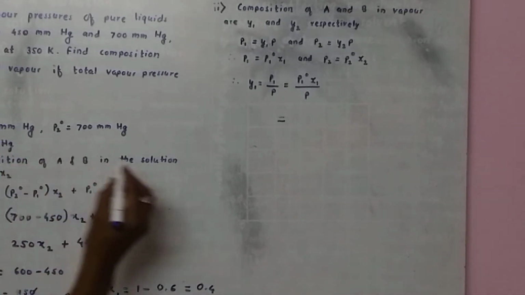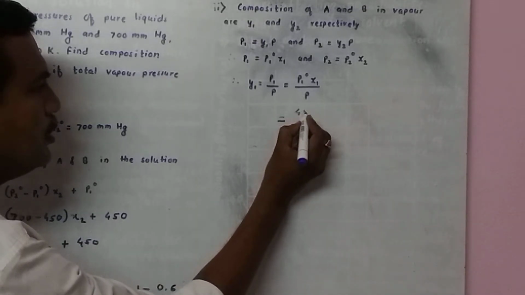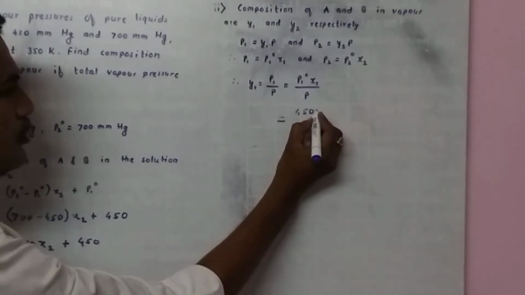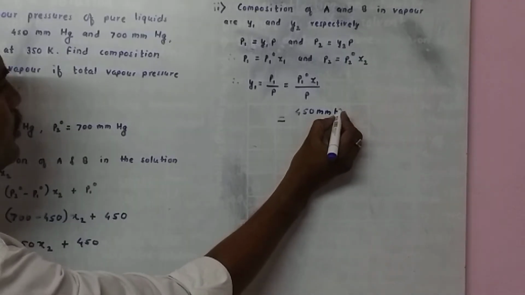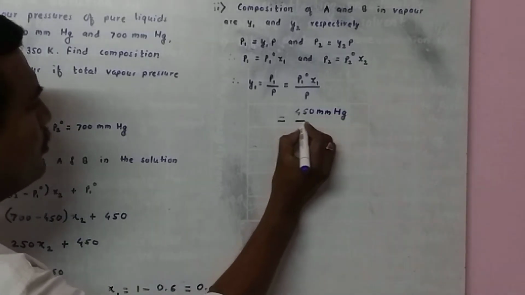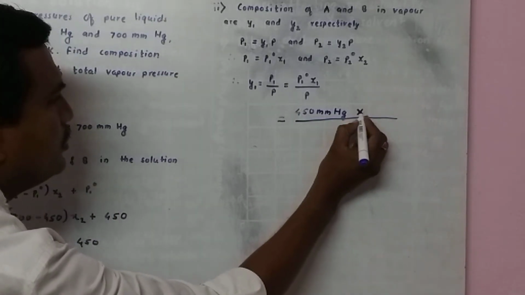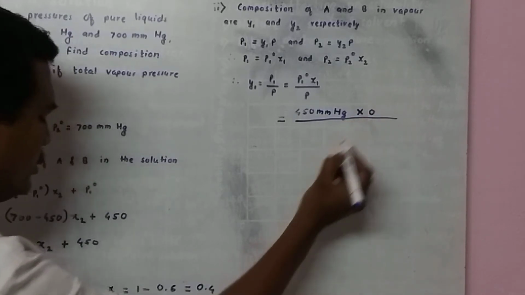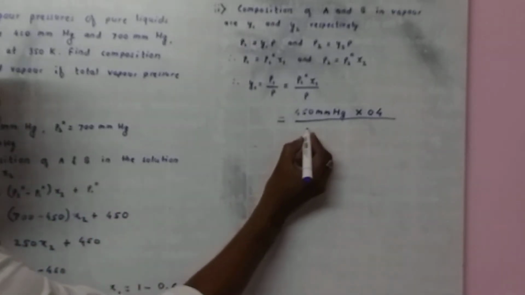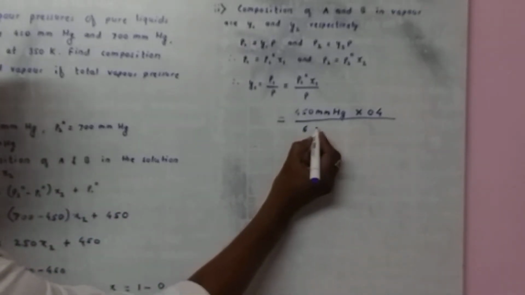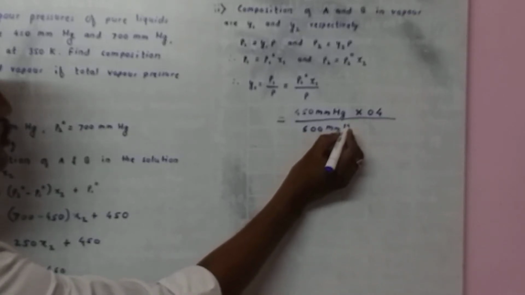That is 450 mm of mercury, into x1, which is 0.4, upon P, 600 mm of mercury.